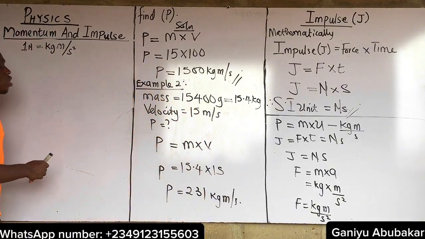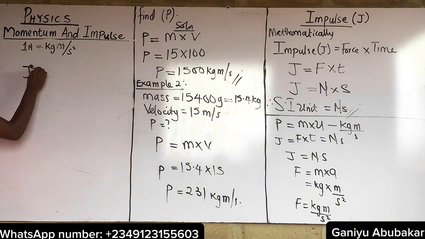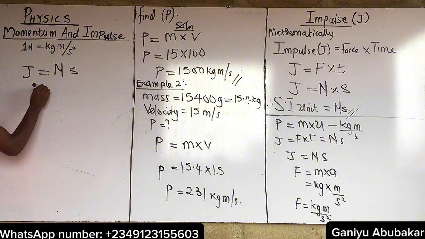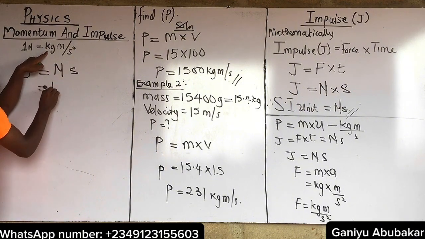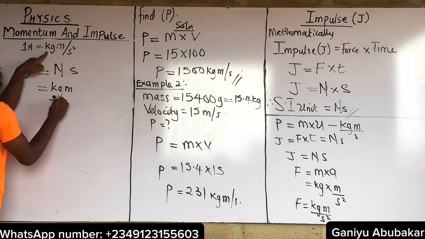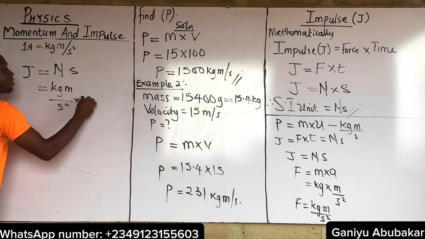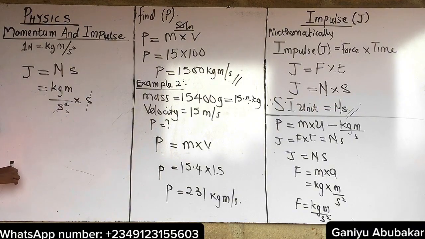If this is true, I'm saying that impulse J is equal to Newton second. We established that Newton is equal to 1 kilogram meter per second squared multiplied by these seconds here. Seconds cancel out seconds, left with 1 second here.